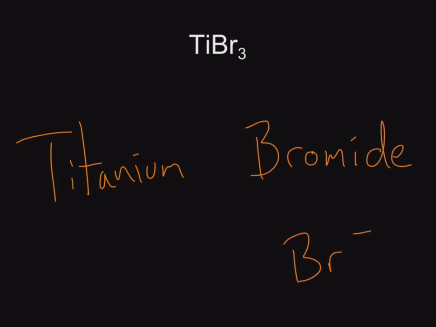And according to the formula, there are 3 bromines in this formula, which means the total negative charge is -3. That means that the total positive charge has to be +3. There's only one titanium in this compound, which means that the titanium has to have a charge of +3.